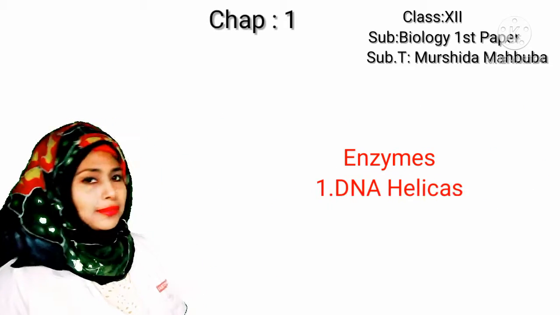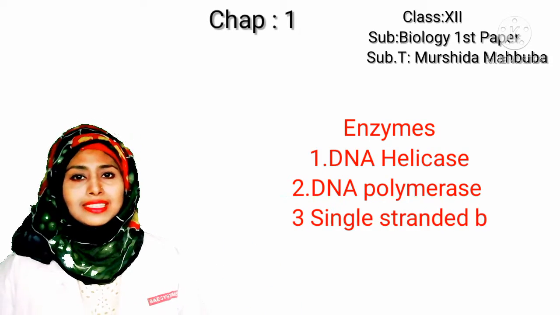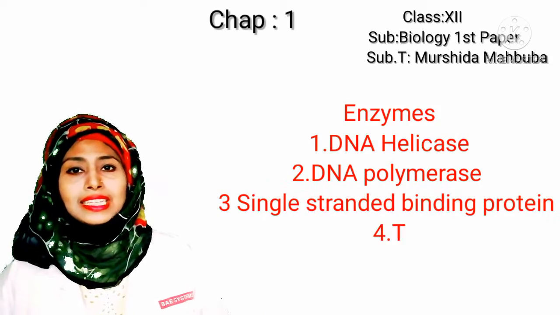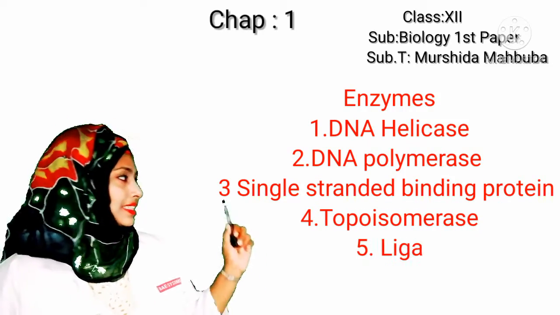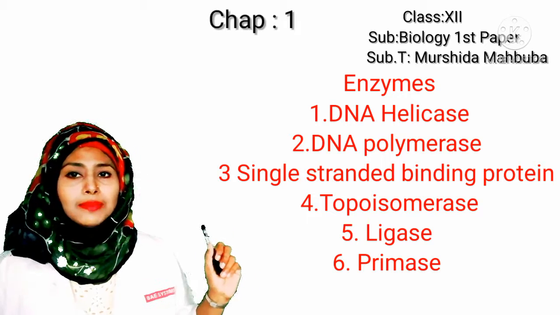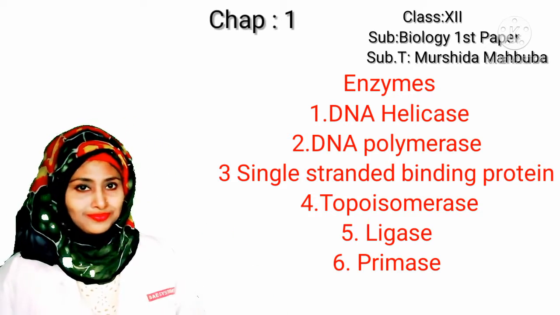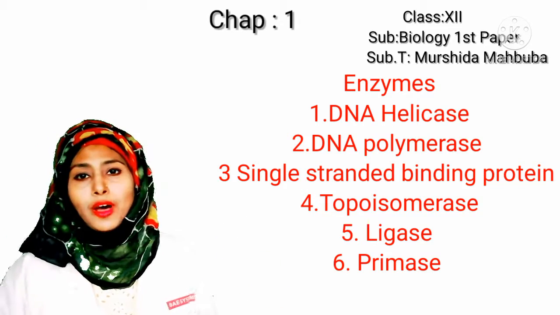Some enzymes needed in this process. Number 1, DNA helicase. This DNA helicase unwinds the DNA double helix at the replication fork. Then DNA polymerase.